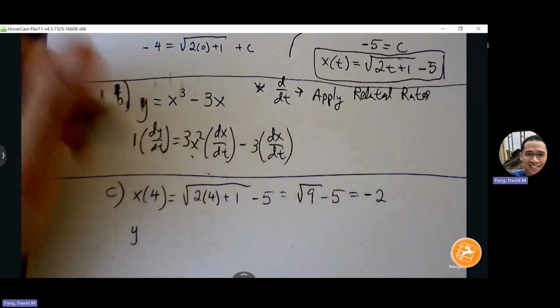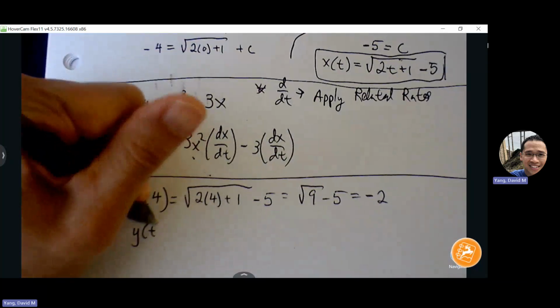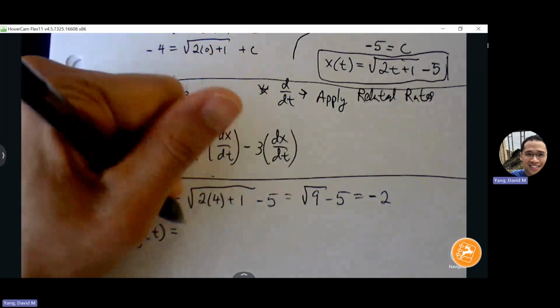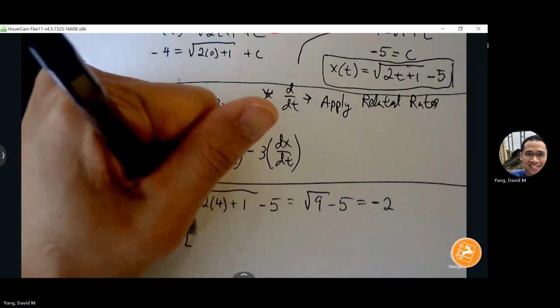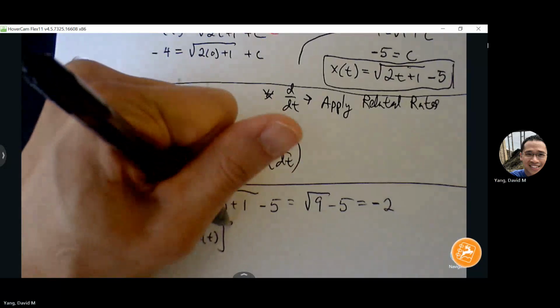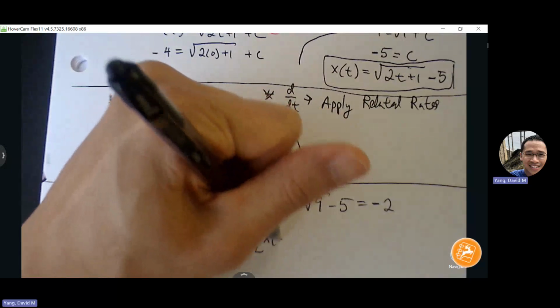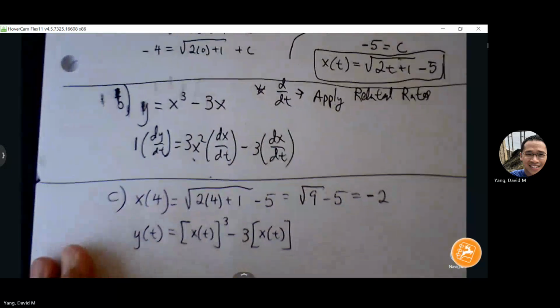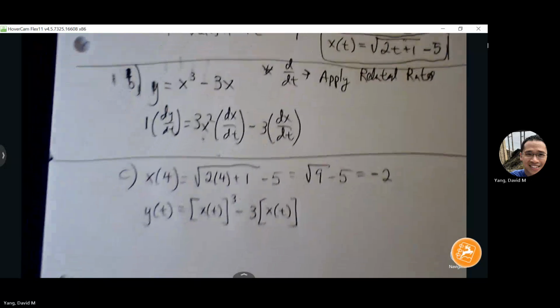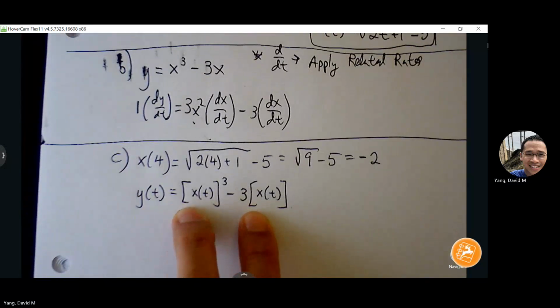Now, we know y in terms of x. We can also call this y of t, and then x, we can just adapt it here, call it x of t cubed minus 3 x of t. Use this to help us find y of 4, right?